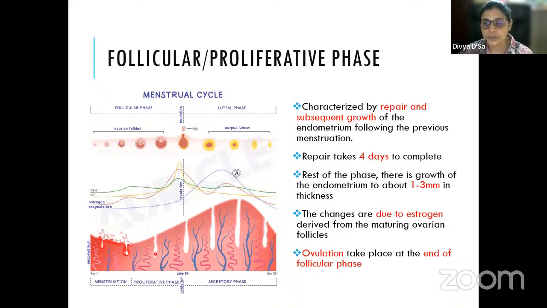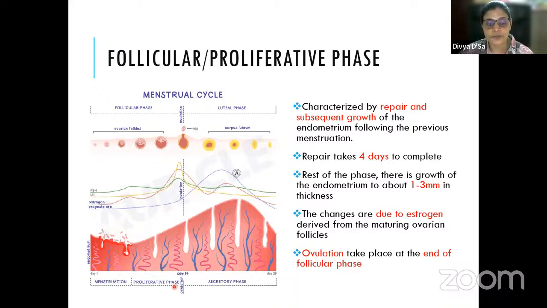During the rest of the phase there is growth of the endometrium to about 1 to 3 millimeters in thickness. Now these changes are mainly due to estrogen, which is derived from the maturing ovarian follicles. The theca cells will be secreting this estrogen, which is responsible for this change.